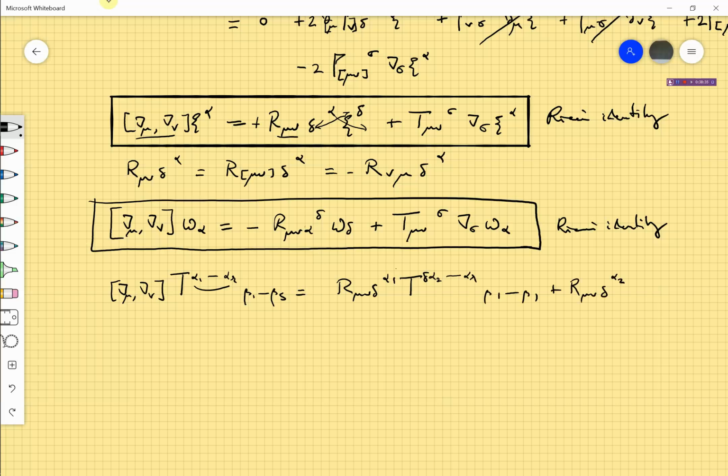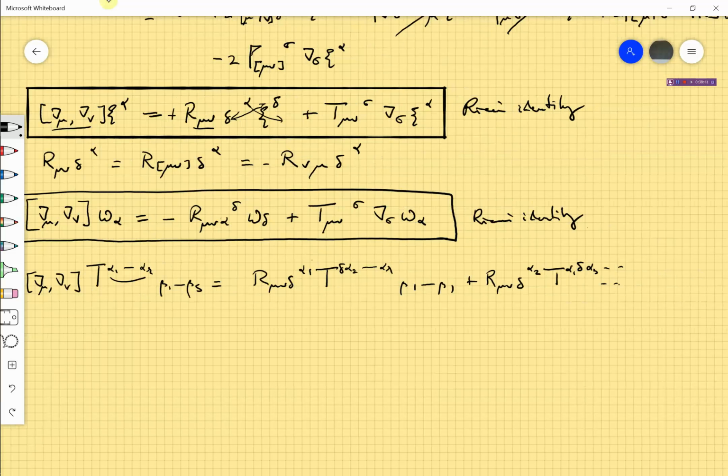Now it's alpha 2, T alpha 1, delta alpha 3, and so on, up to R terms of the same kind.